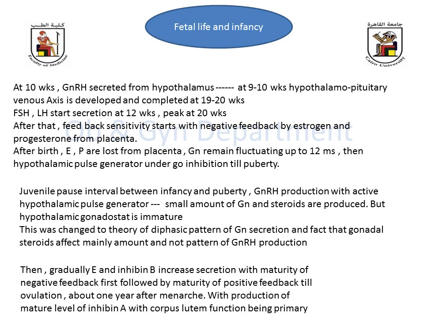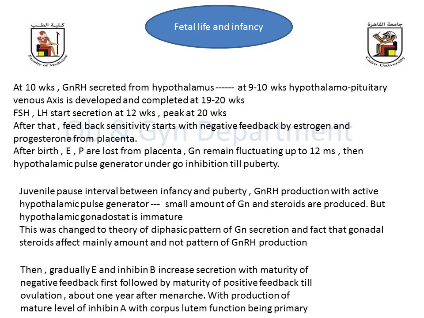Then follicle-stimulating hormone and luteinizing hormone start secretion at 12 weeks and peak at 20 weeks. So at 20 weeks, there is full development of the hypothalamic-pituitary-ovarian axis, and FSH and LH are produced in considerable amounts, reaching a peak at 20 weeks.